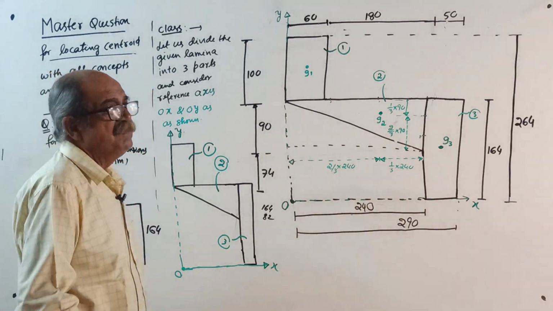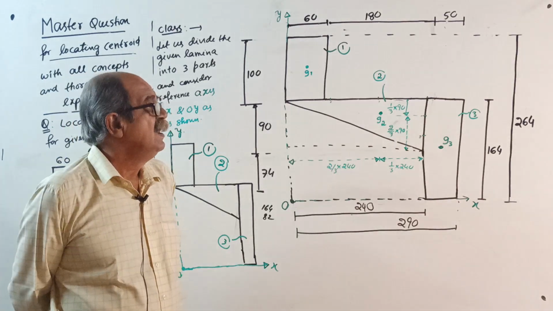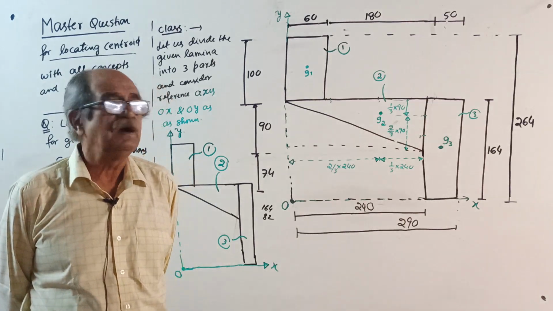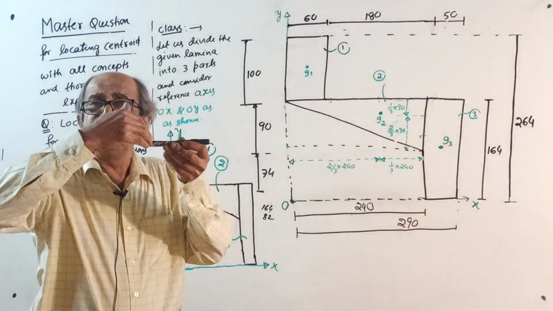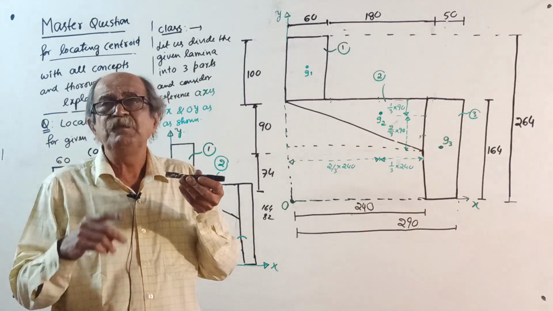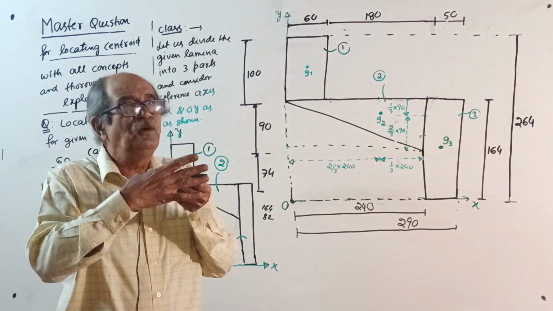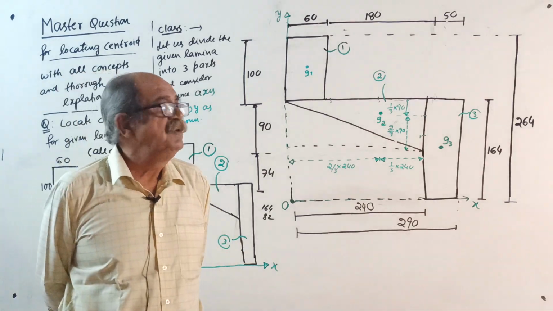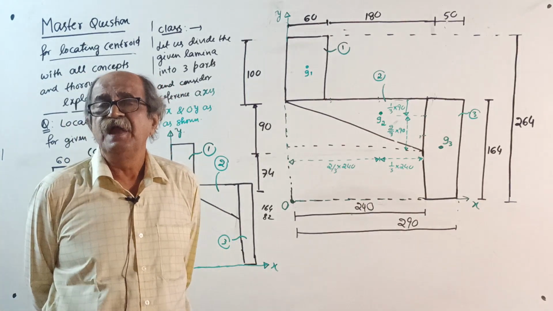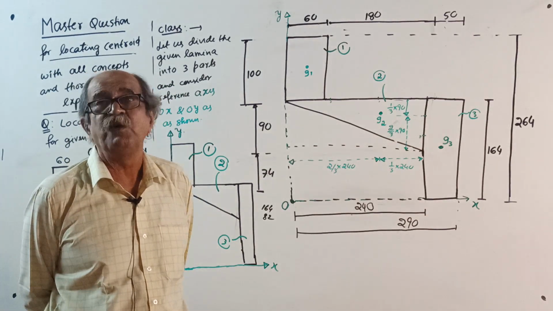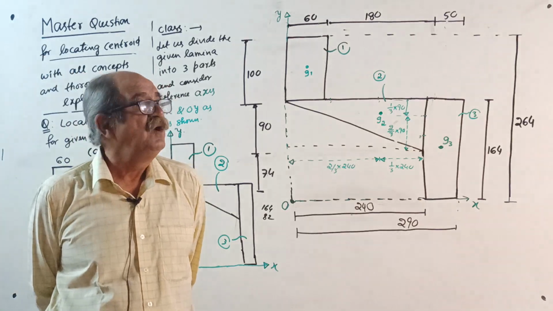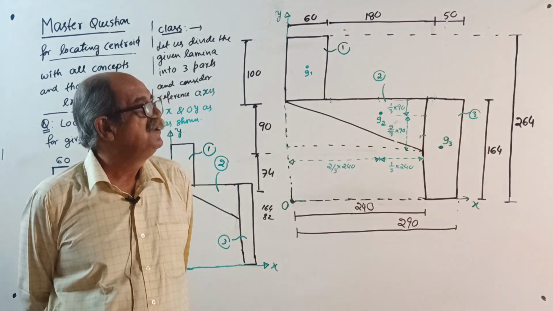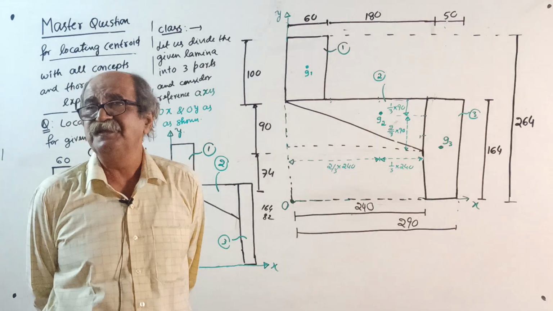When I find x bar, y bar, when you divide by the area, and in the numerator, when triangles are there, 2/3 and 1/3 will come. Suppose one side of the triangle is 60, divided by 3 will give 20. Suppose it is not 60, it is 20, divided by 3 will give you, how much is 20 by 3? 6.6667, no, not 6.67, 20 by 3 is 8.3333.